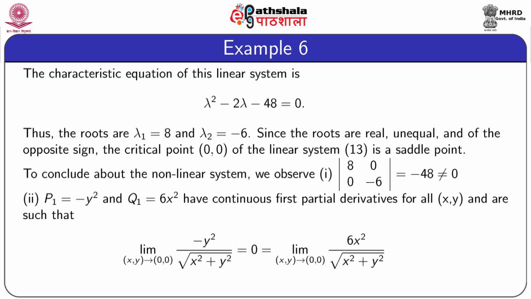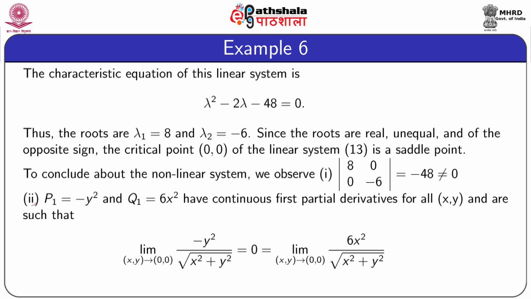The very first one is that the determinant of a, b, c, d is not equal to 0, and in this particular case a is 8, b is 0, c is 0 and d is minus 6, which gives minus 48 and is non-zero.